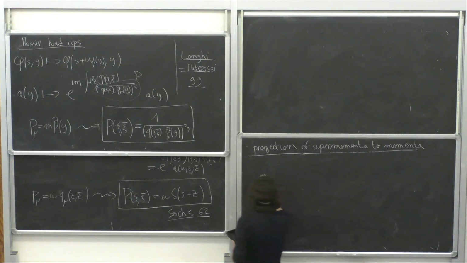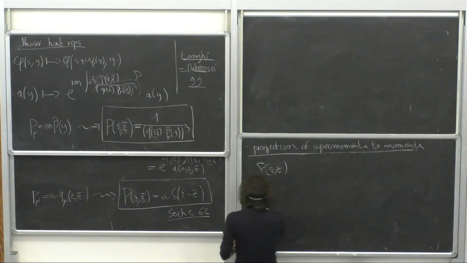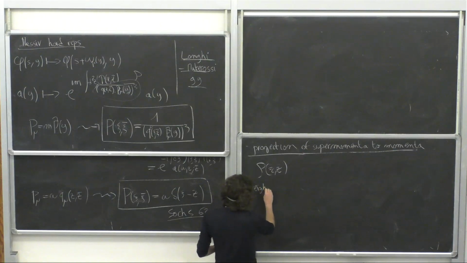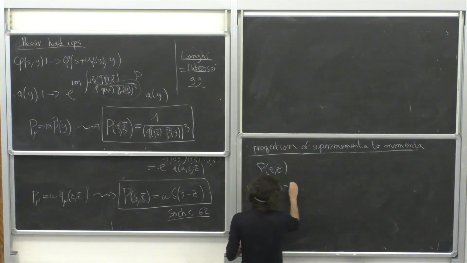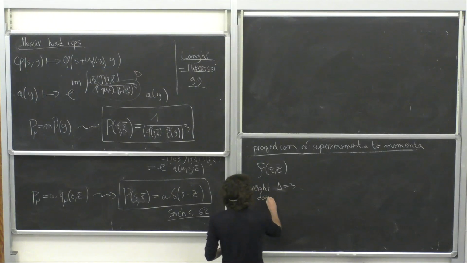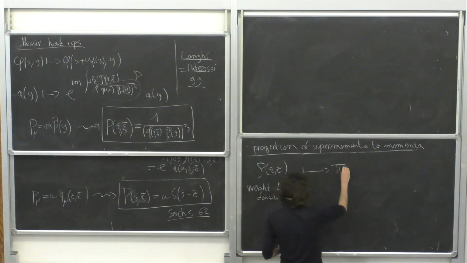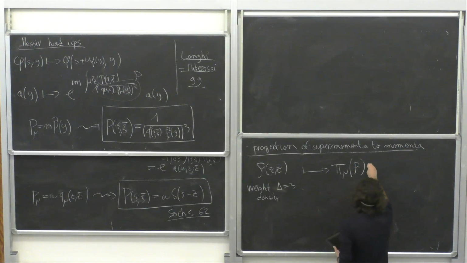Suppose there is some nice supermomenta that you like, by this I mean a weight delta equals 3 density. You can project it, I'm going to write it pi of mu. You project it on its momentum, via this projection, which is completely invariant.